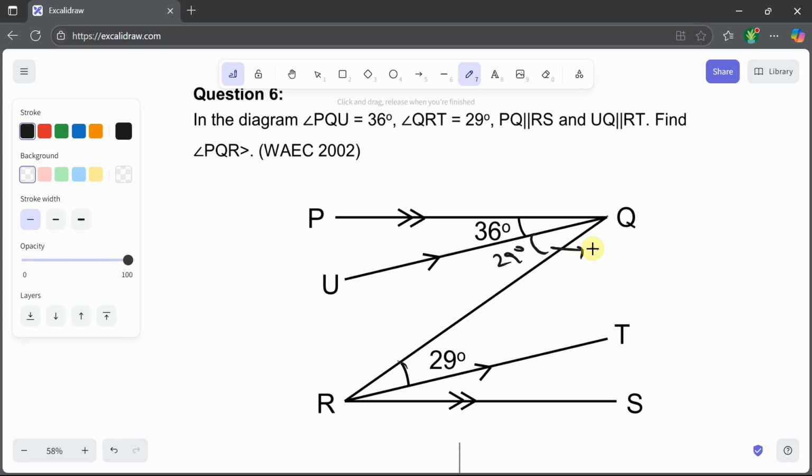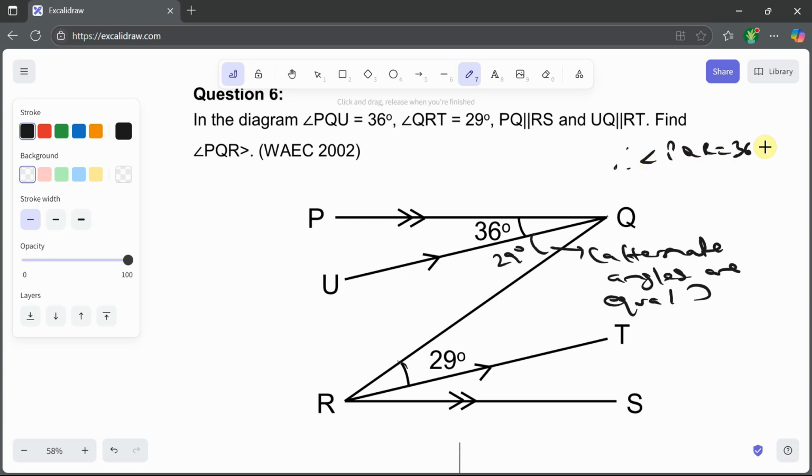Why? Because alternate angles are equal. And with that, we found the missing part of PQR. So angle PQR is just 36 plus 29, which gives 65 degrees.